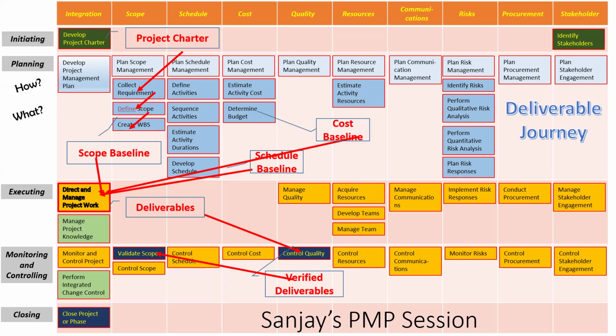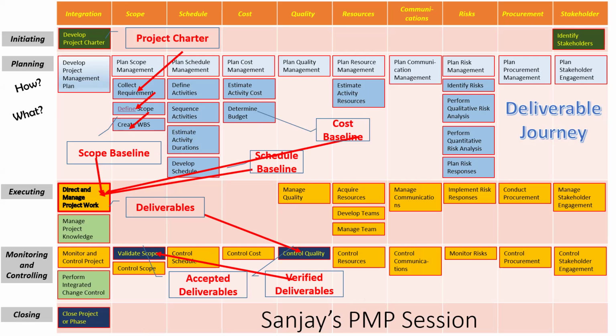Correct, friends? You remember I was saying the name of this process is slightly confusing. So Validate Scope is you are offering these verified deliverables to the customer, which in turn results in an accepted deliverable.